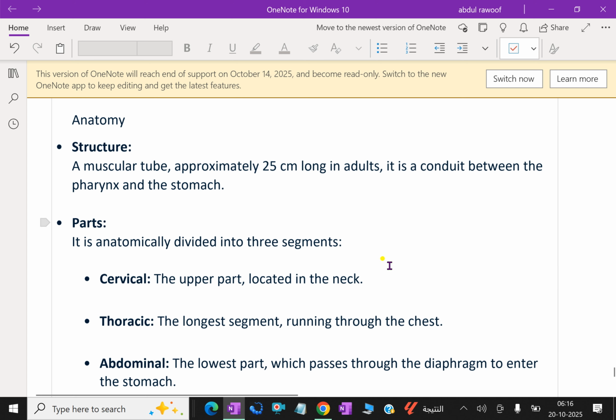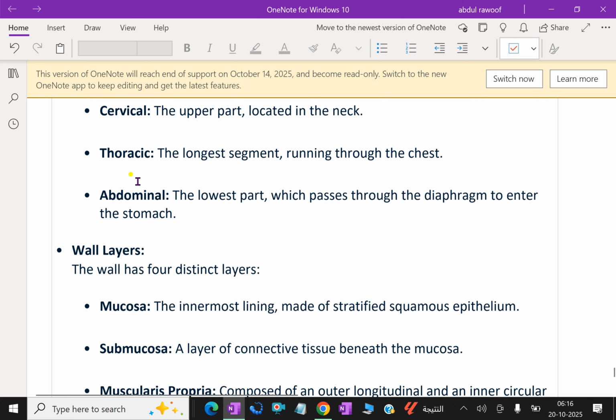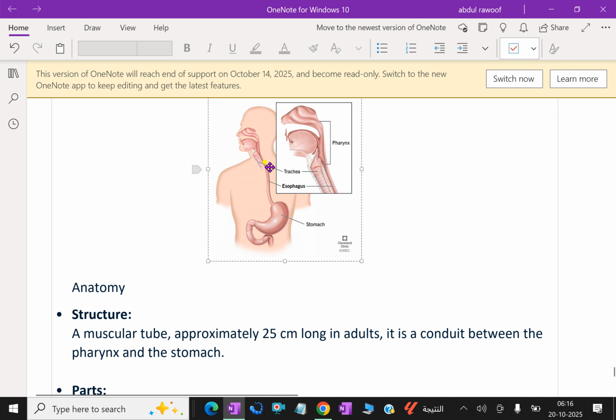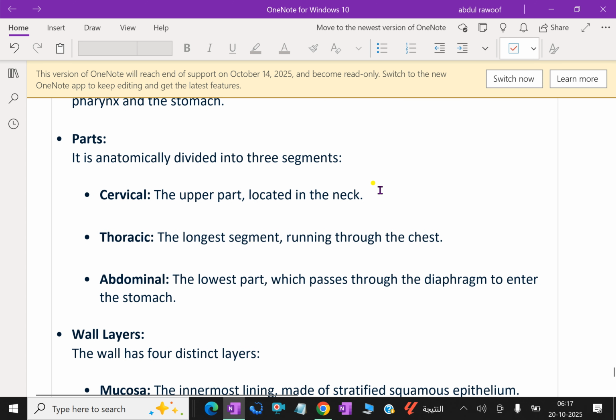That is cervical, the upper part located in the neck; thoracic, the longest segment running through the chest; abdominal, the lowest part which passes through the diaphragm to enter the stomach.